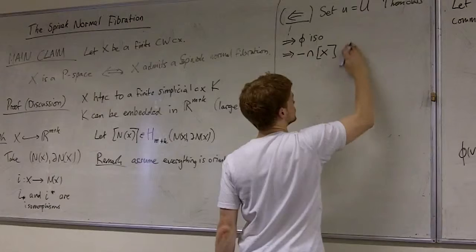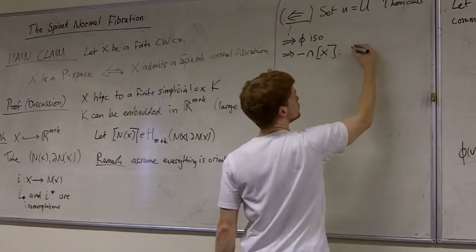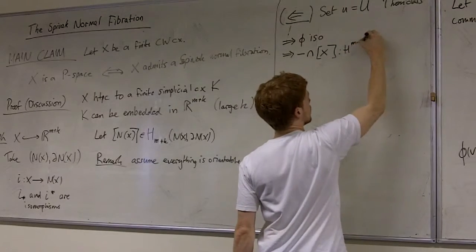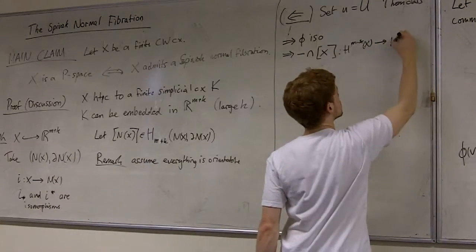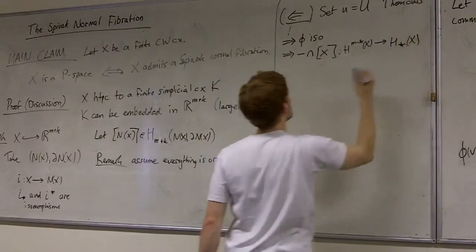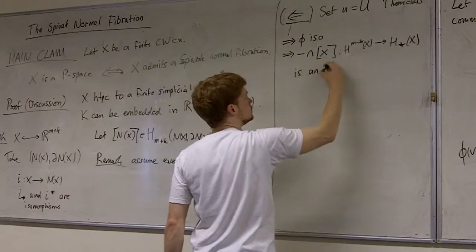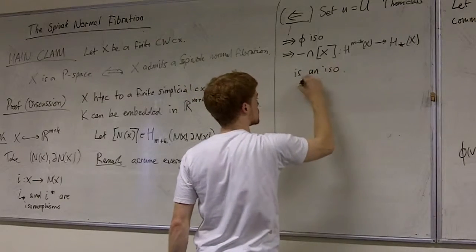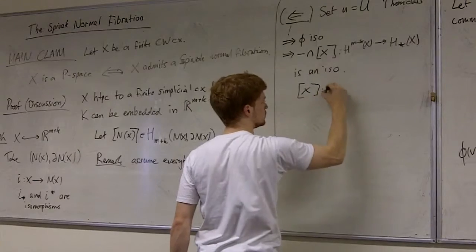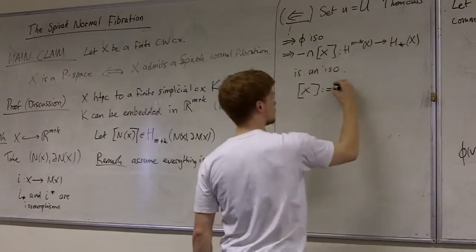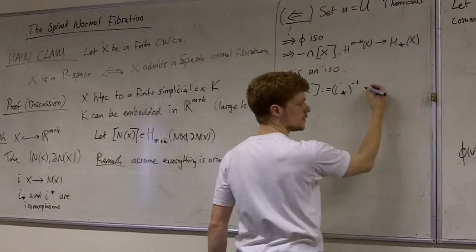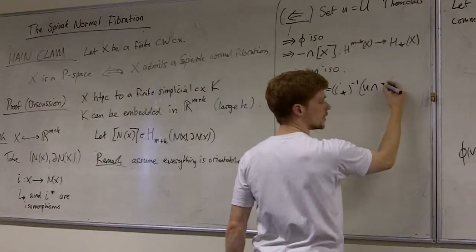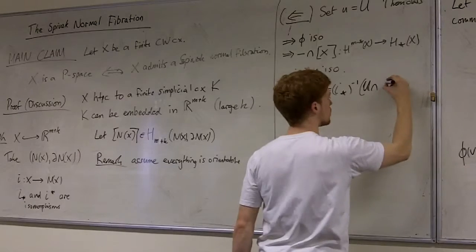So let's say that goes from, where we've defined this to be this object, inverse of U, so this is big U, cap nx.